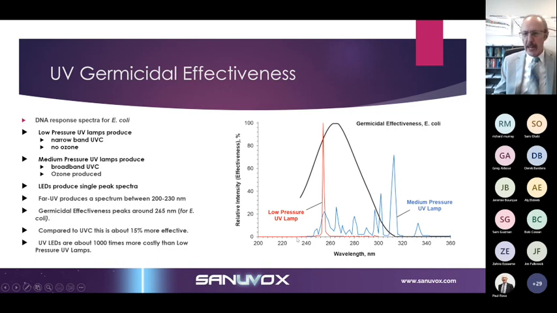I don't believe that we actually know the germicidal effectiveness on E. coli below this range, since this was from an old study, but we will see in the following diagrams that it extends upwards. UV LEDs can be very effective at the right frequencies, but they're also considerably more expensive and more costly than low pressure UV lamps.